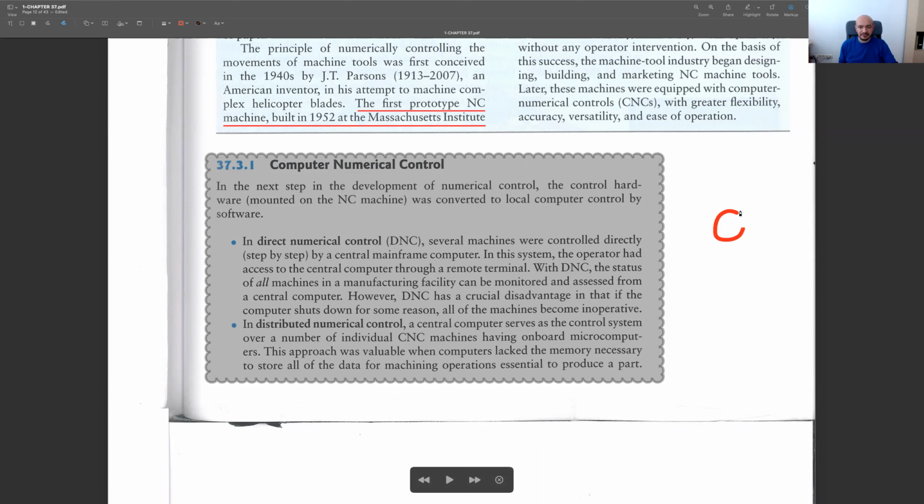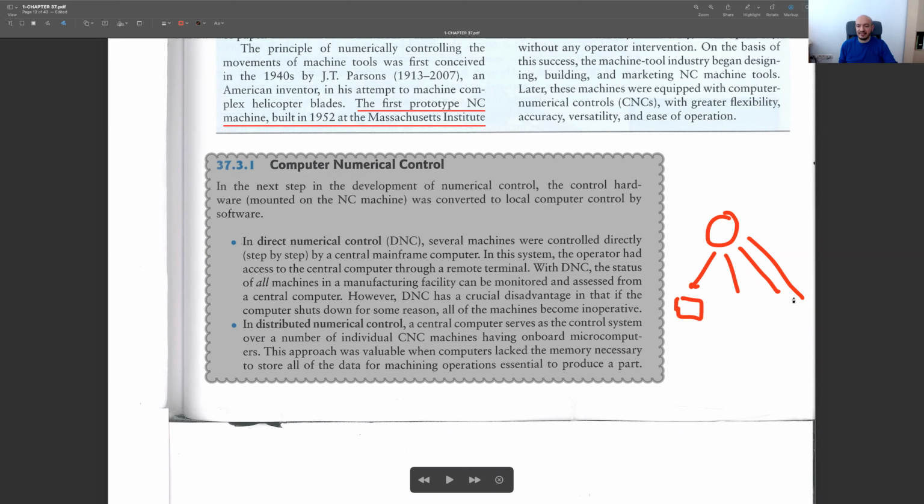They have a single computer at the center. It's a kind of server, and then it connects to different machines in the environment. We have such a connection to different NC machines in the environment. All of these can be considered as NC machines.